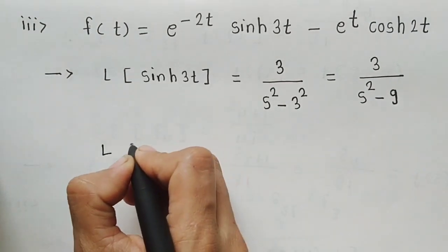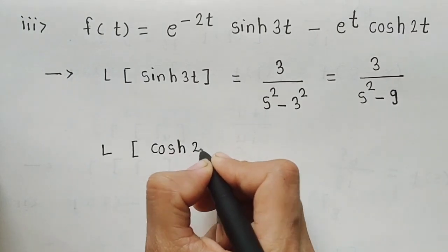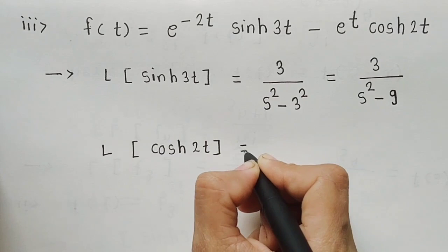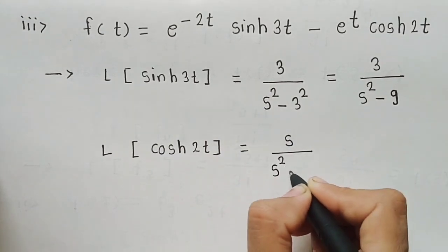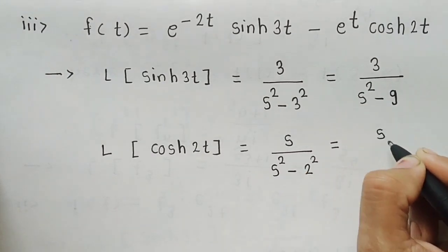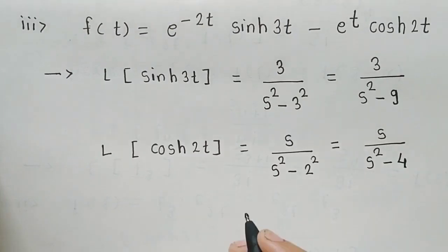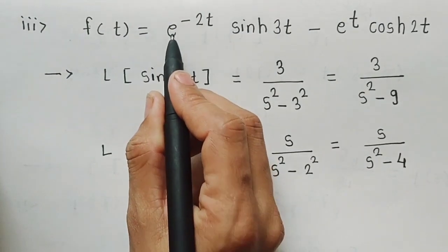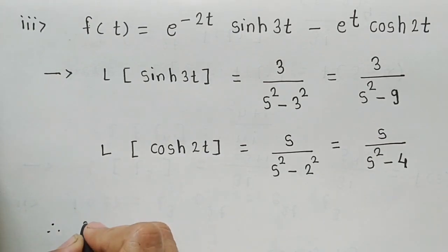And now Laplace of cosh 2t equals s upon s square minus 2 square, which is equal to s upon s square minus 4 here. Now use the first shifting property as well as the linearity property. So we will directly write down our question.